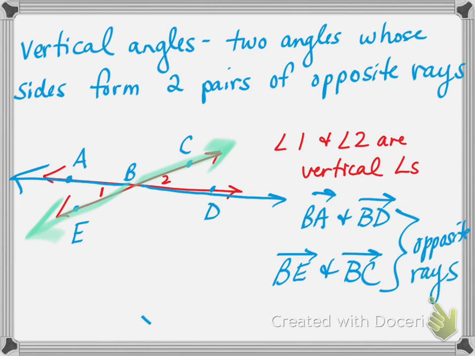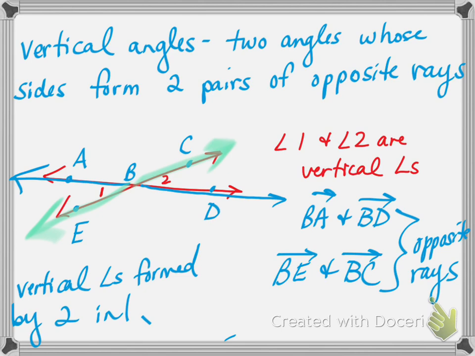And you might just realize that vertical angles are formed by two intersecting lines. Anytime you have two intersecting lines, then you're going to have vertical angles. It's true that 1 and 2 are vertical angles. We might also look at this large angle up here and this angle down here and call those angle 3 and angle 4.